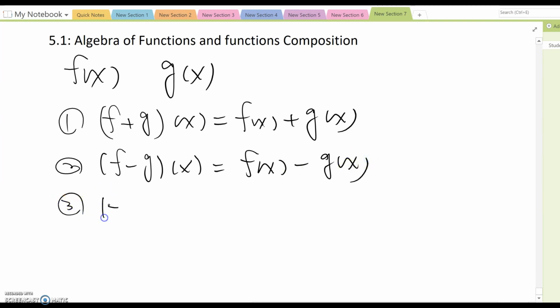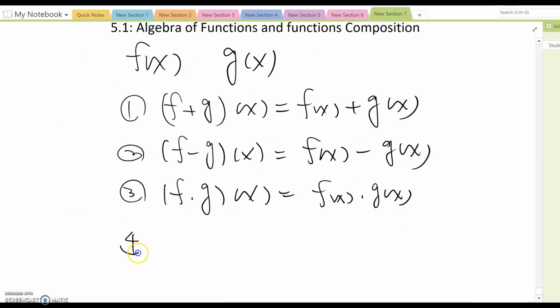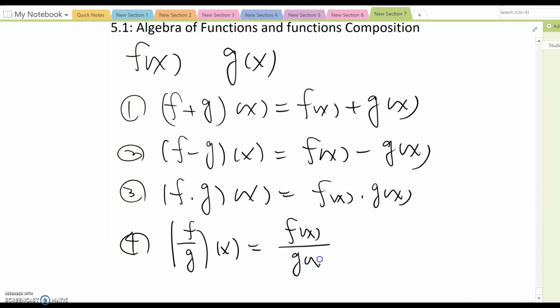Third, (f times g)(x) becomes f(x) times g(x). Finally, number four, (f over g)(x) becomes f(x) over g(x).